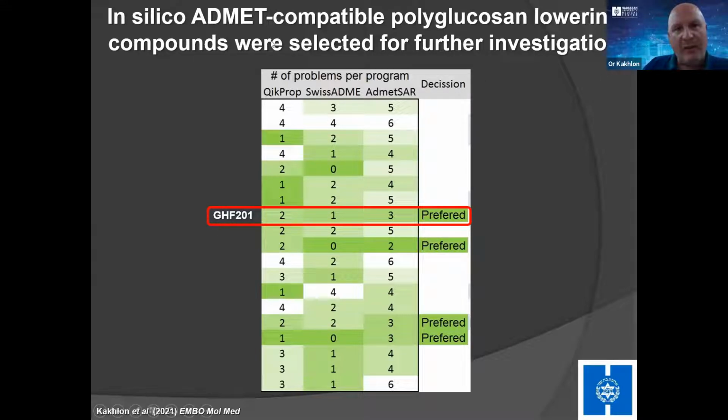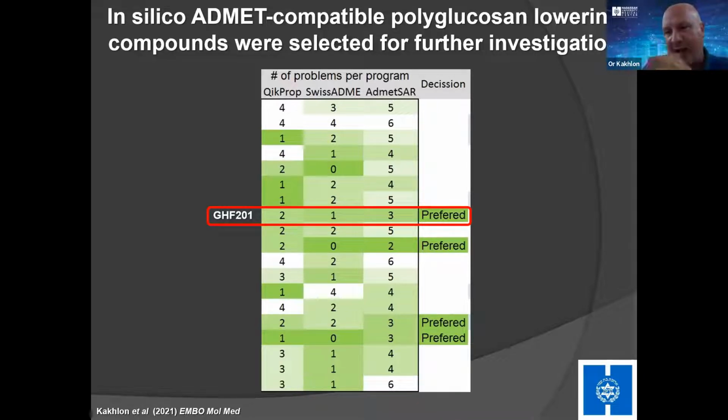But the first step was actually in silico. We just used bioinformatic or algorithmic prediction algorithms to predict which of the drugs that we found is going to be less toxic, less metabolized, longer lived, and so on.